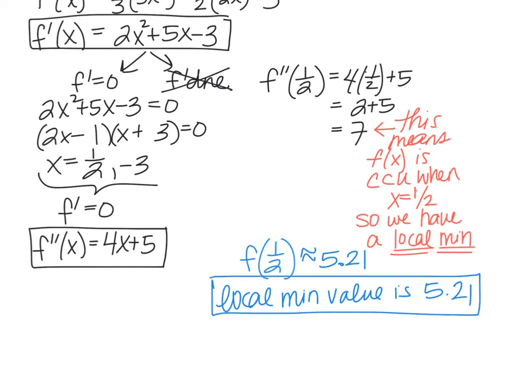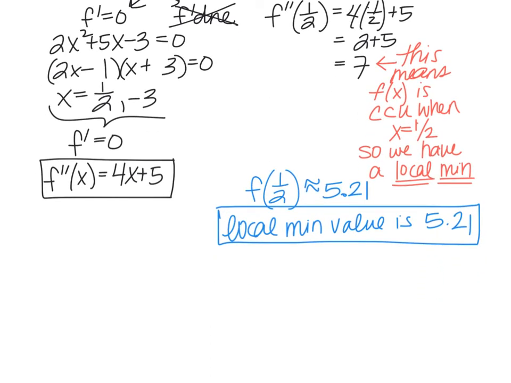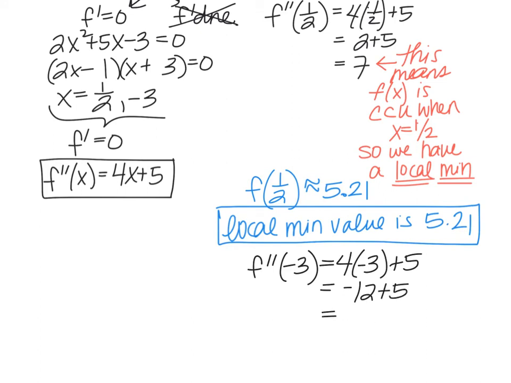So now we need to move on to the other critical number, which was -3. So we'll go through the same process. So let's take a look at the second derivative. So we are going to evaluate the second derivative at that critical number, -3. So 4 times -3 plus 5 is -12 plus 5, which results in a -7.